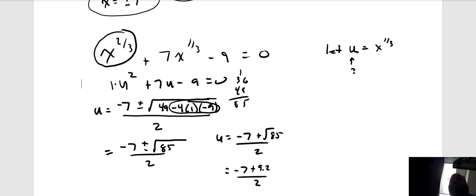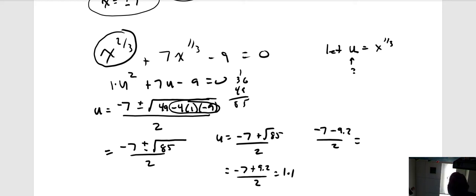I get 1.1 for this solution. And then the other one is -7 minus 9.2 over 2. Let's see, that's minus 16.2 over 2. That's minus 8.1.